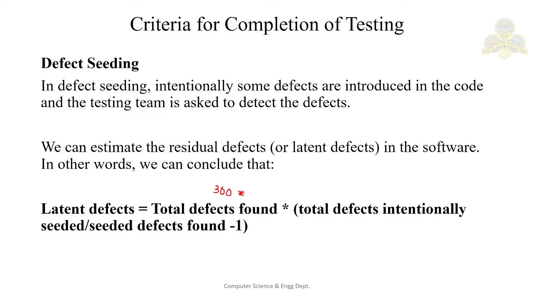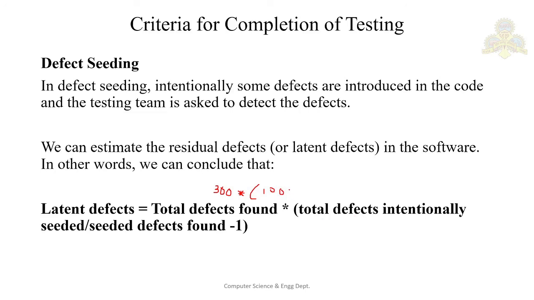At that time we can use this criteria, that is defect seeding. Suppose they have found 300 defects, and suppose you have intentionally added or seeded 100 defects. So the total defects intentionally added or seeded is 100, and it has been given to the testing team.